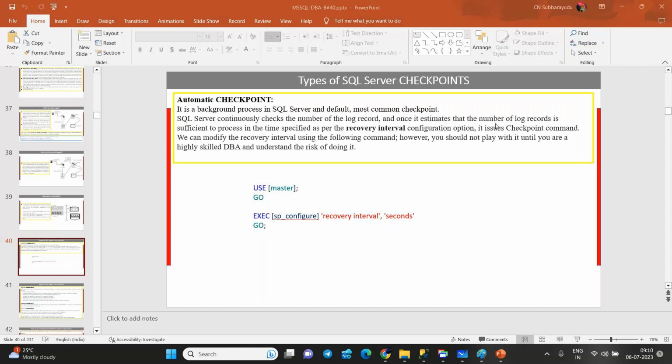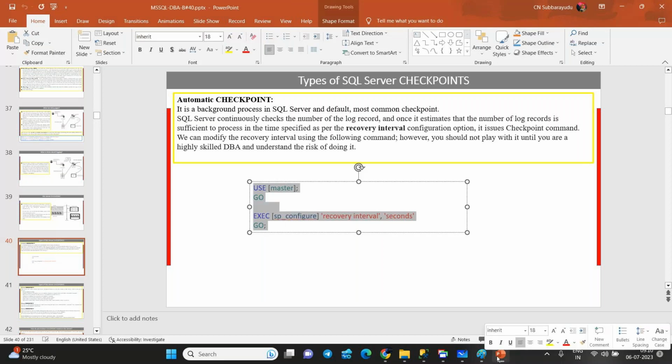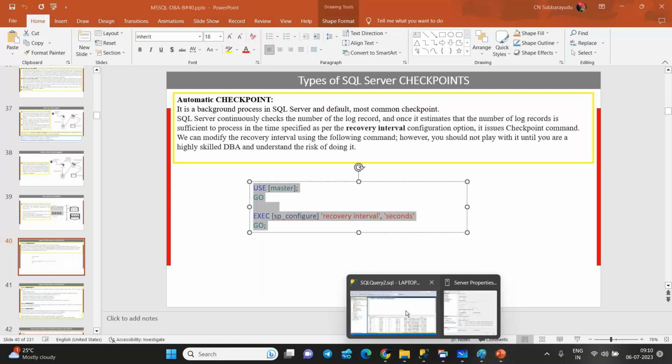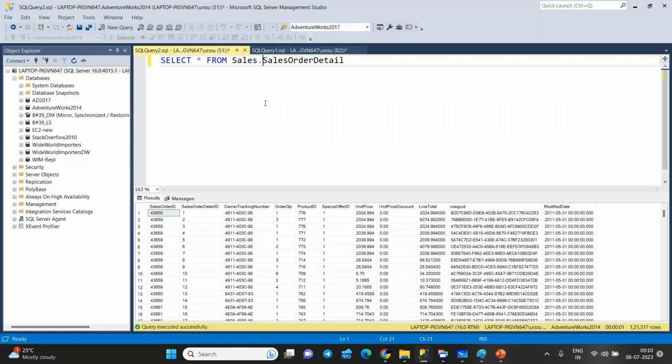Okay, forget about the recovery phase. Do you understand automatic checkpoint? Whenever SQL Server estimates that this is the best time to trigger the checkpoint, it will trigger it. Whenever a checkpoint triggers, it will move the data to the MDF file. If you want to change that interval time, you can run a command to change it, or you can go directly to the properties and change it.